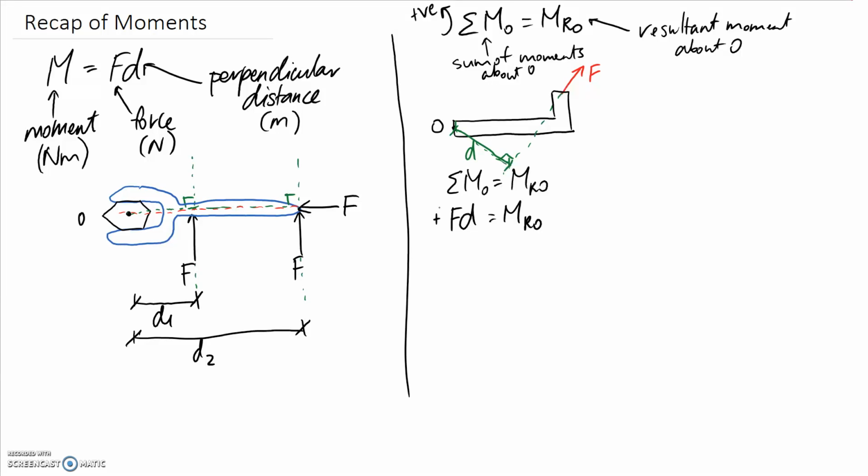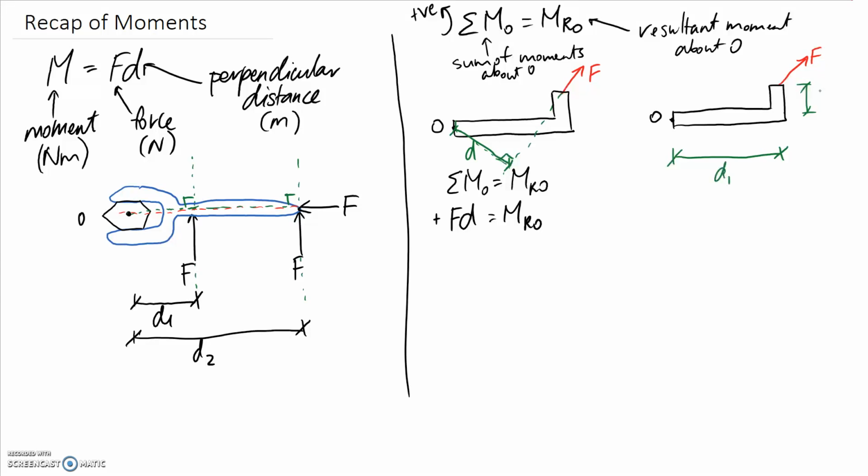Now, there's another way that you can consider this, and which way you use is going to depend on what information you're given in the question. So let's say that we have exactly the same setup with exactly the same force this time, but instead of being given this distance here, what you're given is the horizontal and the vertical distance from O back to where the force is applied. Okay, so let's give them names.